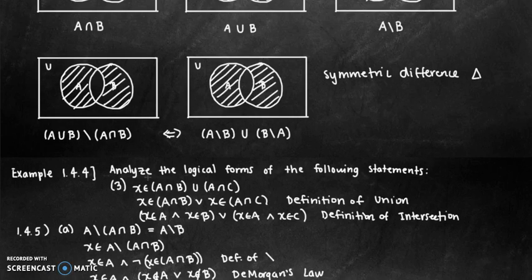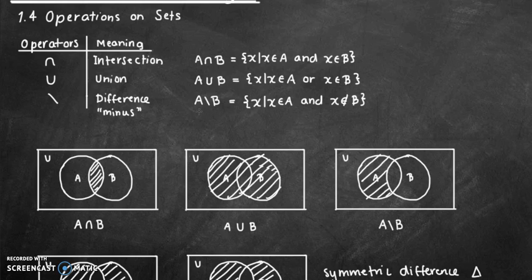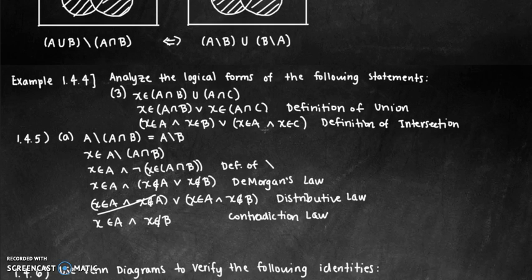If you look back at our laws, that's actually the definition of A minus B. So we can write X element of A minus B, and there we have it. We showed that X is an element of A minus A intersection B is the same thing as X element of A minus B.